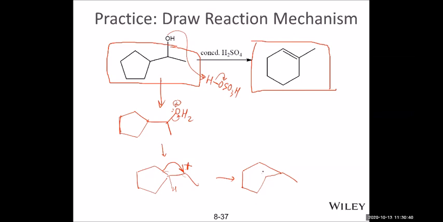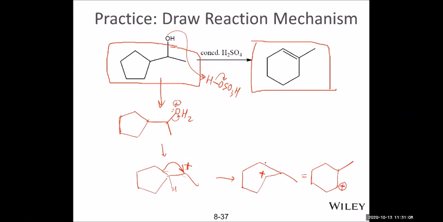Now the carbocation is here. Make sense? This looks kind of crooked, but we can draw a much better looking, prettier cyclohexane. And you can see this carbocation is next to the tertiary carbon. So it's here.